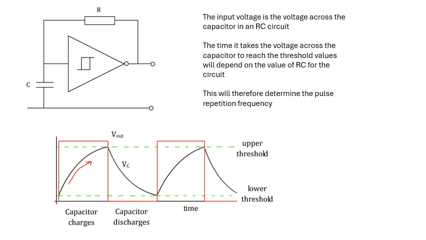And when the voltage across the capacitor reaches the upper threshold, then all of a sudden, because you've got a feedback loop, the output will switch to 0, so the capacitor discharges, and it will discharge until the voltage across the capacitor reaches the lower threshold. Then the Schmitt trigger switches again and the output goes to the supply voltage and the capacitor charges again, and the result is that we produce these pulses which we use as a clock signal. And the frequency will depend on the value of RC, the time constant for the RC circuit.